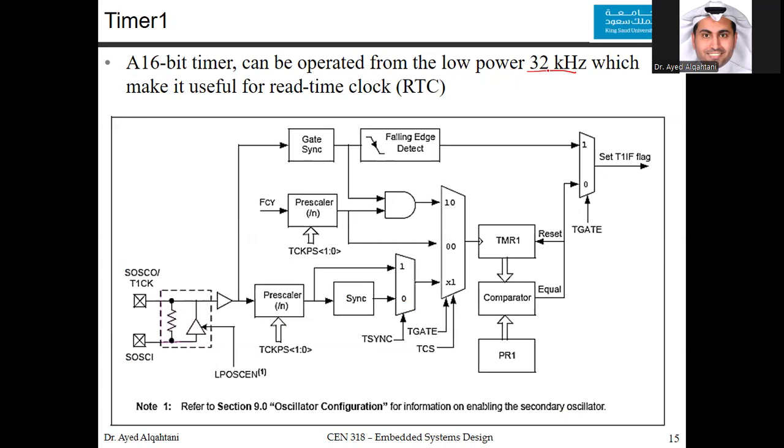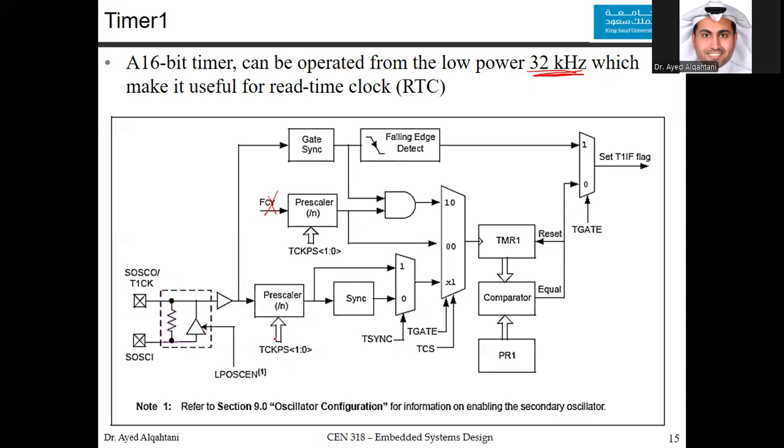For this clock source, we choose an external source. Now we don't use the internal anymore, so we don't have a 0, 0 here. We use the external source, which is a crystal. This crystal oscillates at this frequency, 32 kilohertz.